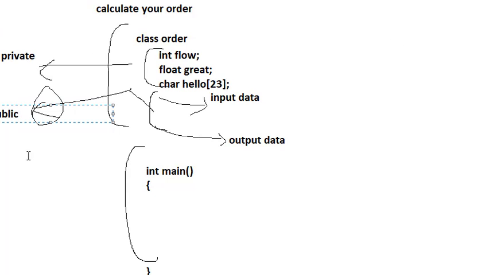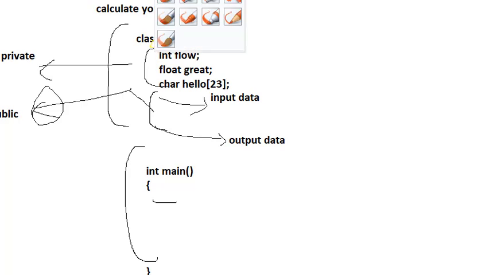Now what we're going to do in the int main section is very simple. We're going to create an object. So let's say we're taking this class order right here, and then we're going with the same name order.